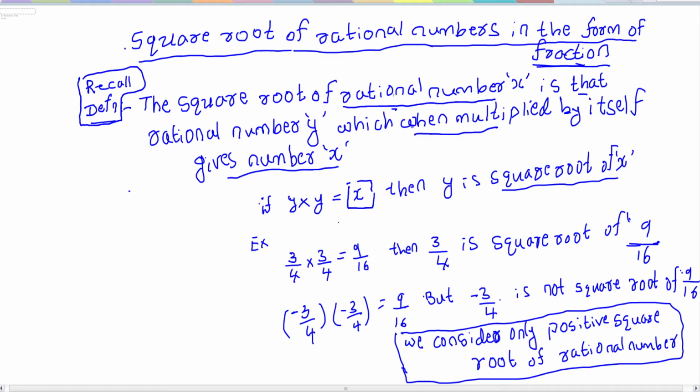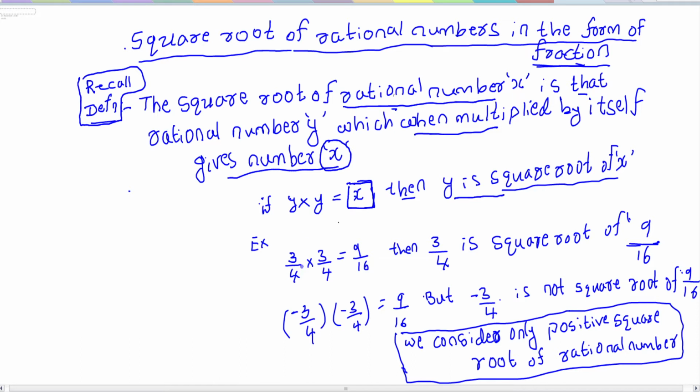Then only it should give a number x. If y multiplied by itself gives x, then y is the square root of x.